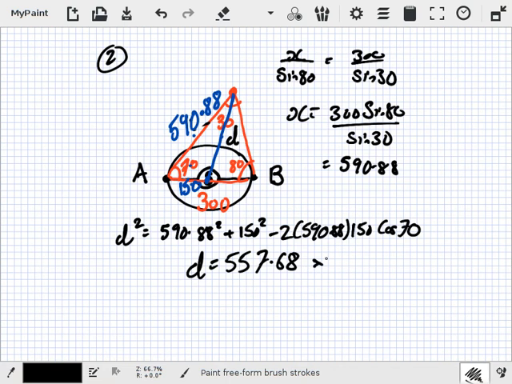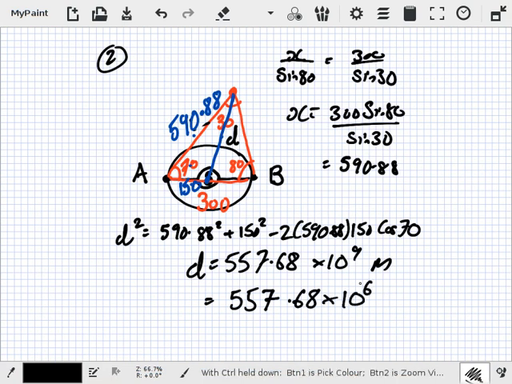557.68 times 10 to the 9 meters. I want to just change it to kilometers because it's a bit more... Well, how do I give the answer?